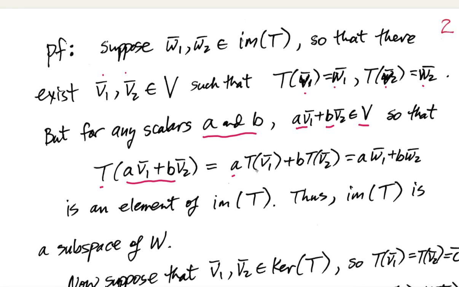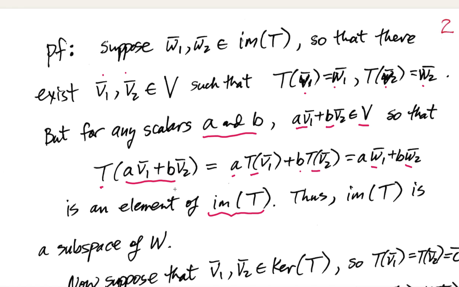That's a times T of V1 bar plus b times T of V2 bar, which is a W1 plus b W2 bar there. That's obviously an element of the image, because I'm mapping some vector in V by T, so that's got to be part of the image of the transformation there.